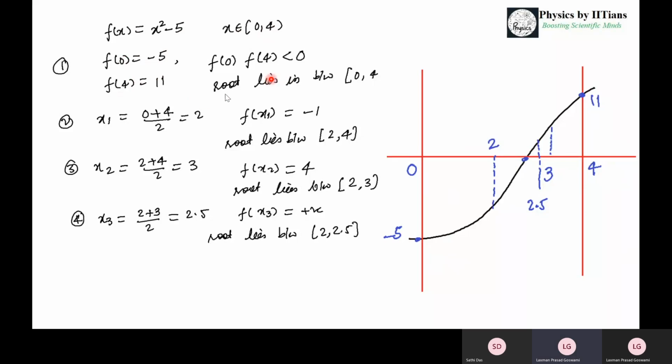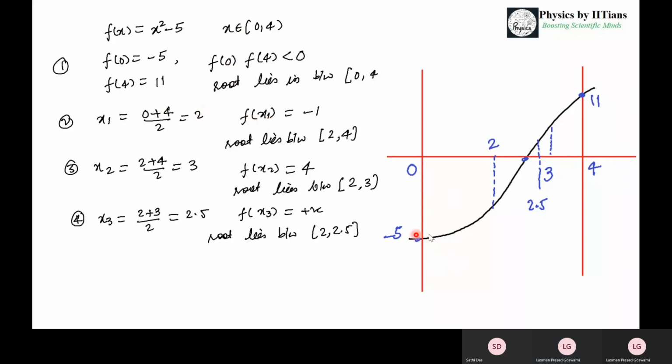The first iteration using the bisection method says it will be half of a plus b, that is 0 plus 4 by 2, so x1 will be 2. If we find the function's value at this point, f(x1) will be minus 1.